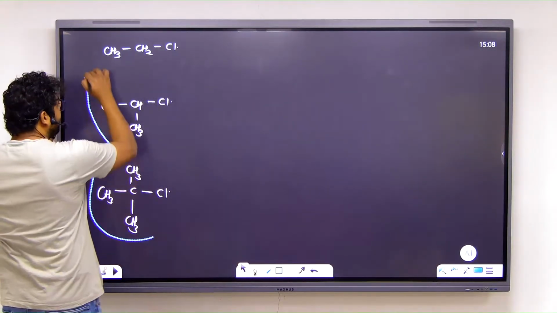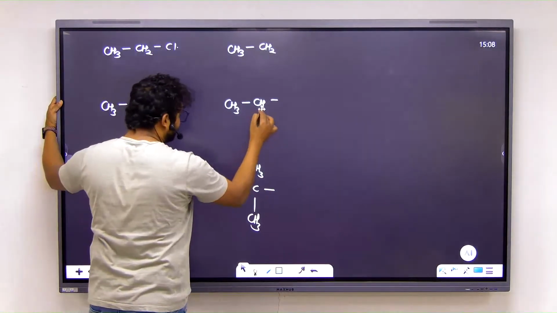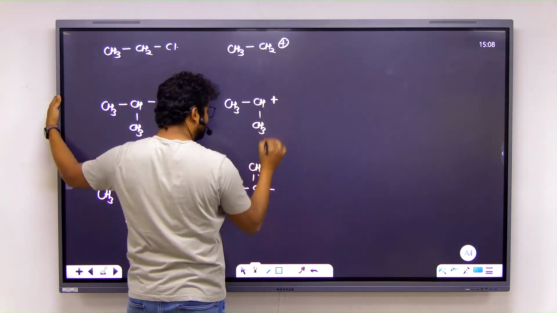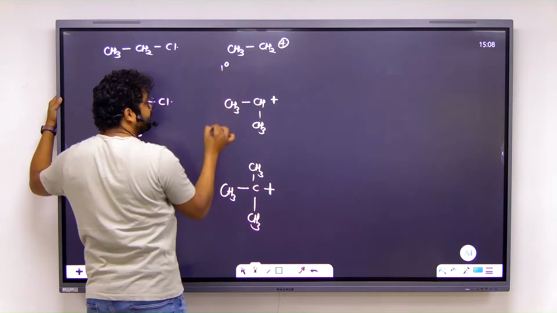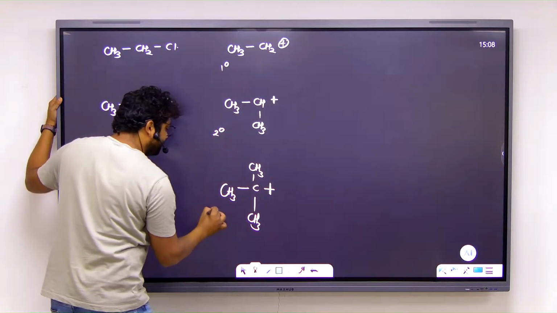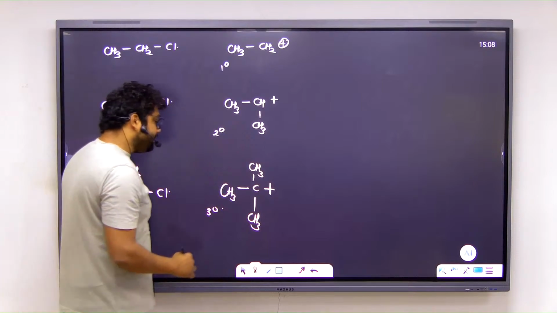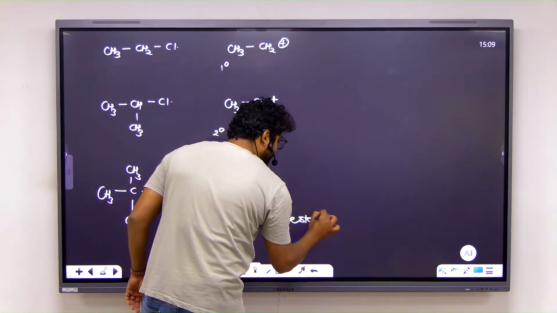All you know that if they form the carbocation, one is primary, one is secondary, and one is tertiary. Who is stable? Primary, secondary, or tertiary? Tertiary.